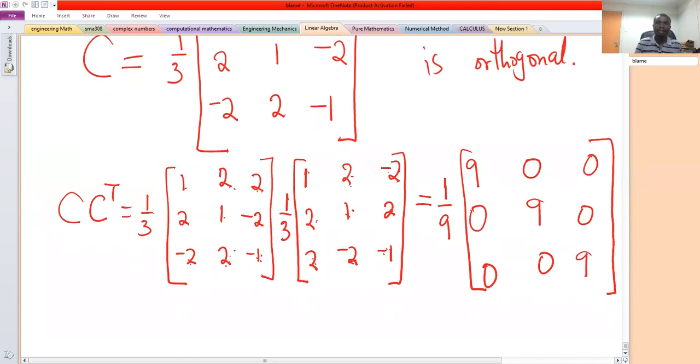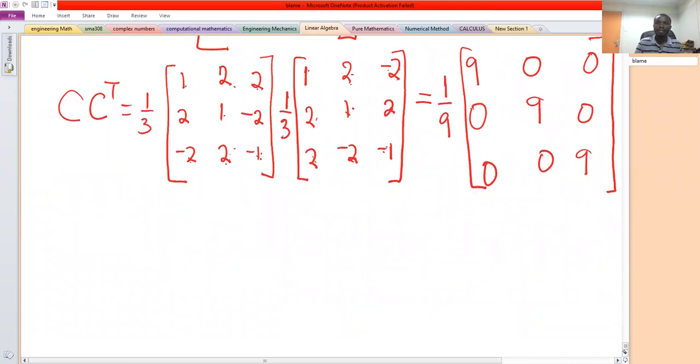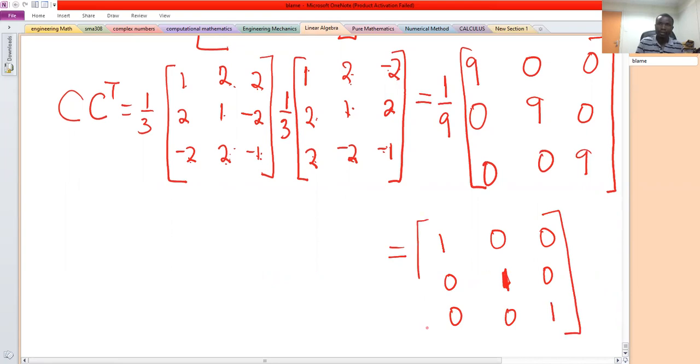And it's clear that when you multiply this factor 1 over 9 by every element here, we get 1, 0, 0, 0, 1, 0, 0, 0, 1. So clearly, this is the identity matrix, and that is what C times C transpose is giving us.